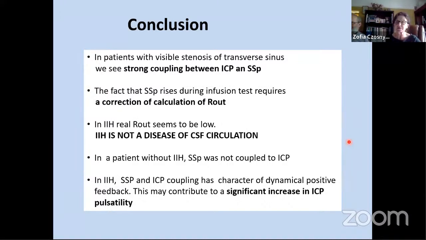If we assess the CSF dynamics, by treatment with the shunt, we interfere in changing CSF dynamics. So if the outflow of cerebrospinal fluid is normal, if the resistance is normal, the shunt wouldn't change much. However, if the resistance is clearly increased, this indicates that this is more like a problem of CSF circulation.